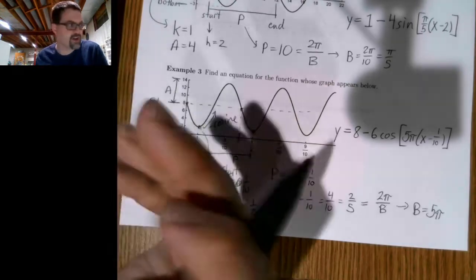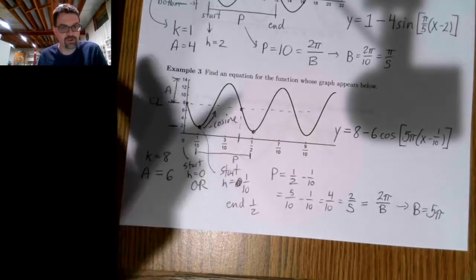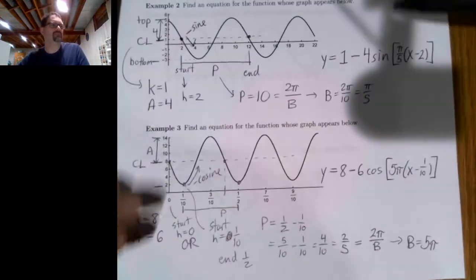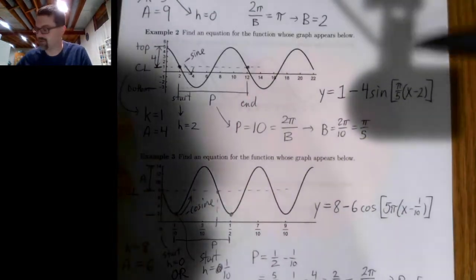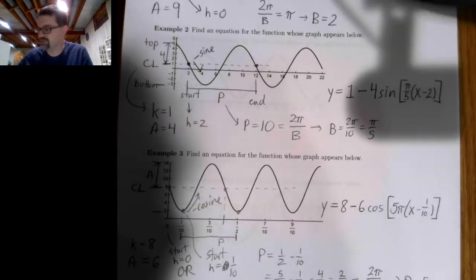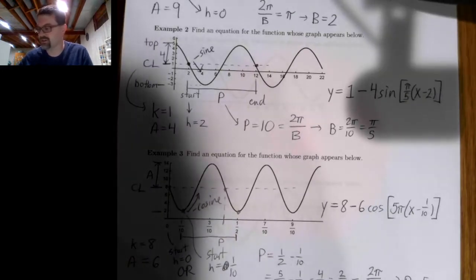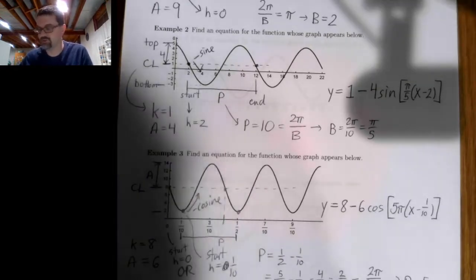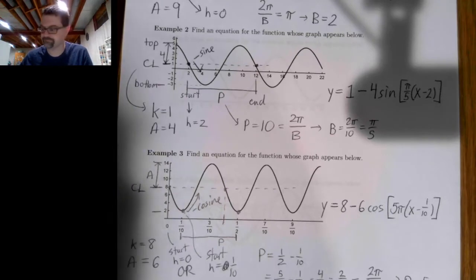Remember, the cosine graph is just the sine graph shifted over a little bit. So most of these have a pretty natural, most straightforward answer, but they could all be changed into a cosine or a sine function if you adjust what you consider to be the starting spot.